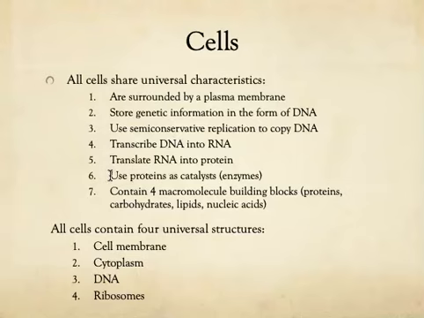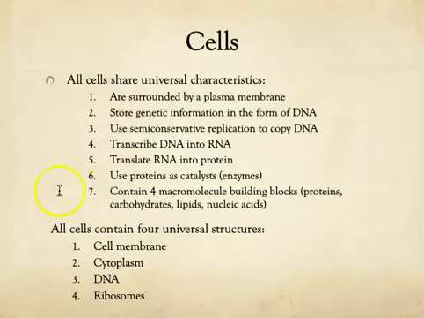All cells use certain types of proteins as catalysts to increase the rate of biological reactions. And remember, we call these biological catalysts enzymes. And finally, all cells contain 4 distinct macromolecules. These are the building blocks of all of the structures within the cell: proteins, carbohydrates, lipids, and nucleic acids.